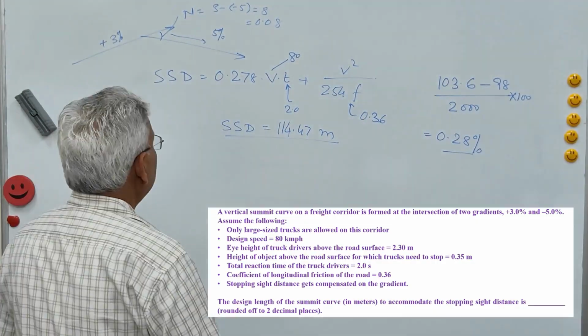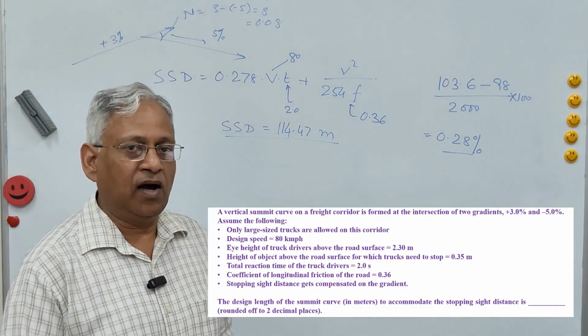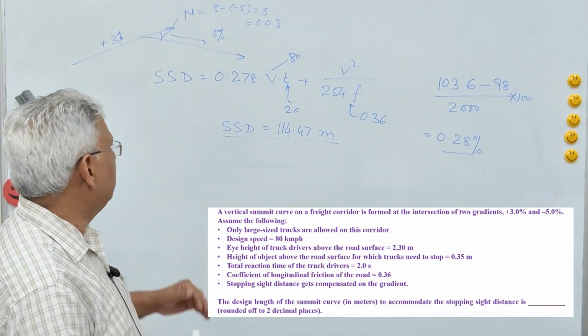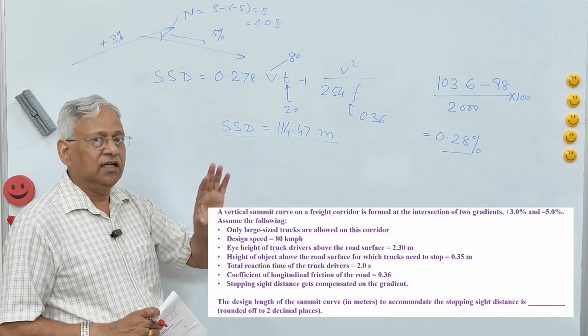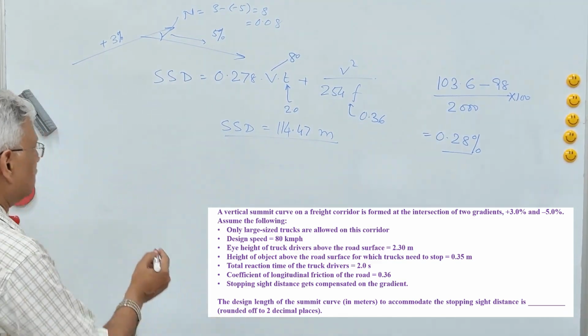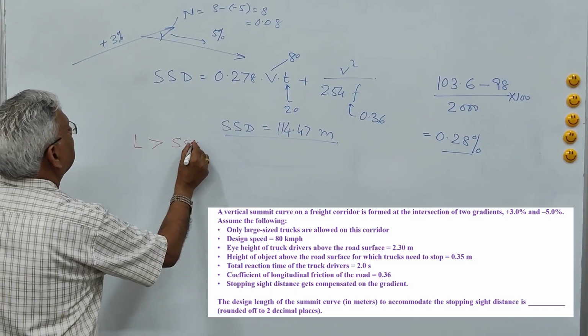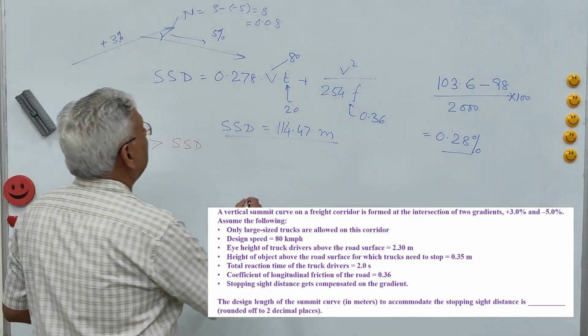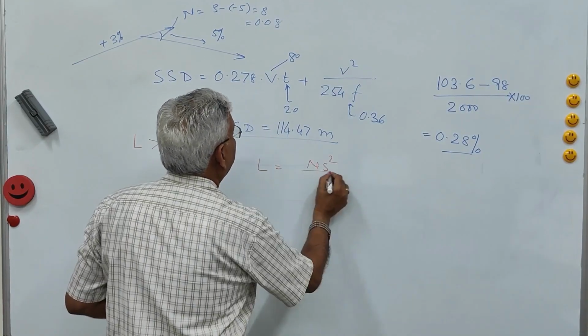Now, when you determine the length of the summit curve, there are two options. One is the length of curve may be larger than this or it can be smaller than this. And there are two different equations given in the IRC code. So let us assume that L is more than SSD. And the length of the curve is given by this equation, NS square upon 4.4.